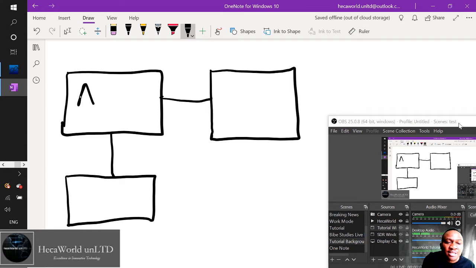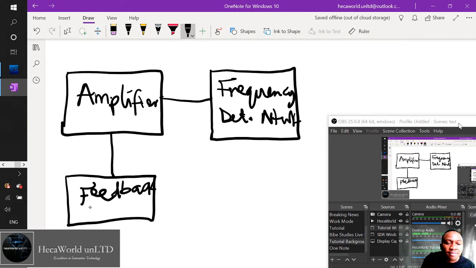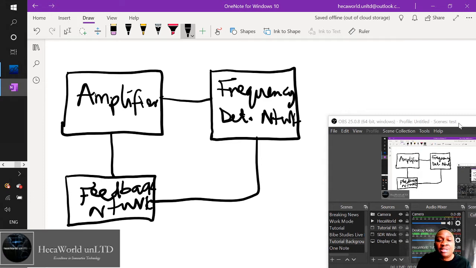So the first block is an amplifier. The next block is your frequency determining network. The next block is your feedback network. So to build an oscillator, this block gives you an oscillator.